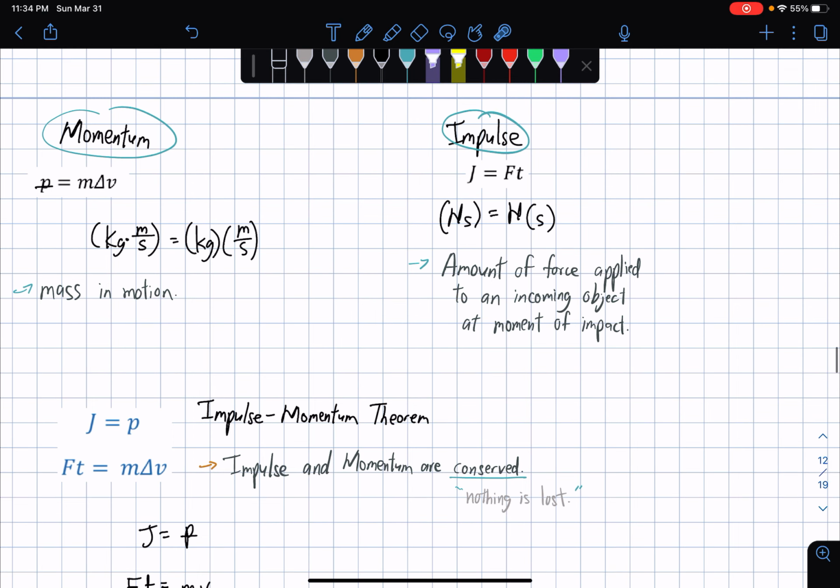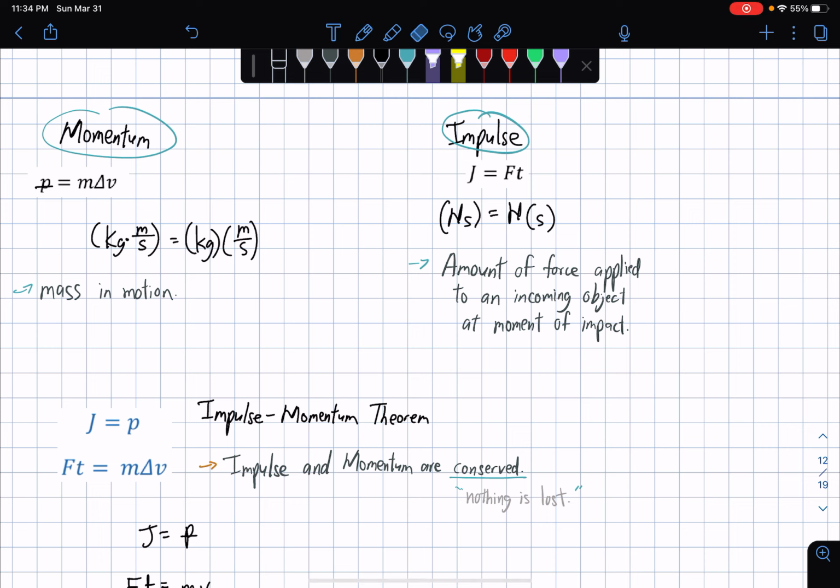Regarding the formula for momentum, in some textbooks it is abbreviated with a small letter p, but it can also be written as a small p with a horizontal line in the middle.